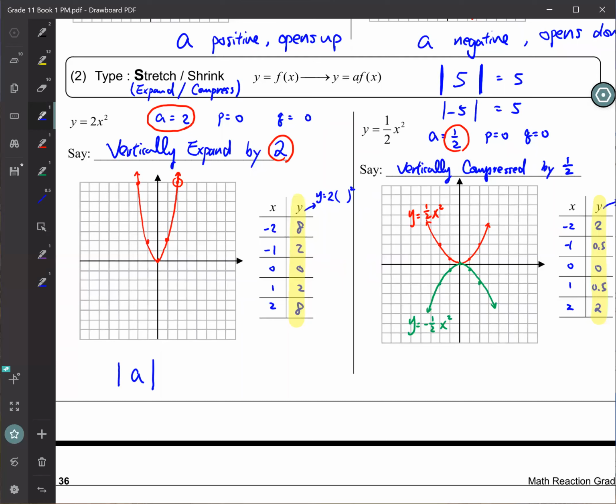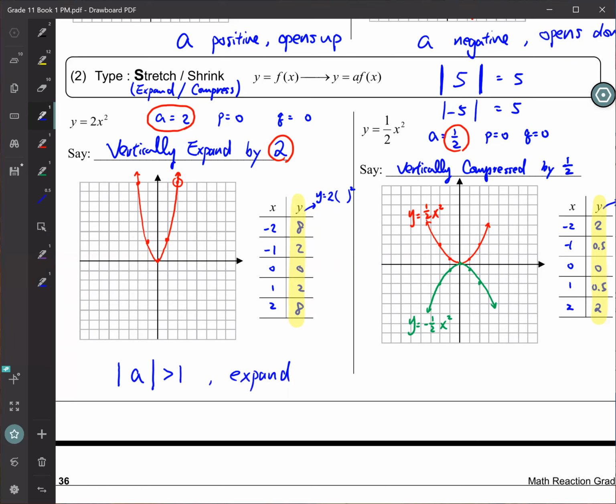Ignore the negative. If that number is greater than 1, like 2, even if A is negative 5, the absolute value becomes 5, which is greater than 1. Anything bigger than 1, then it will expand.